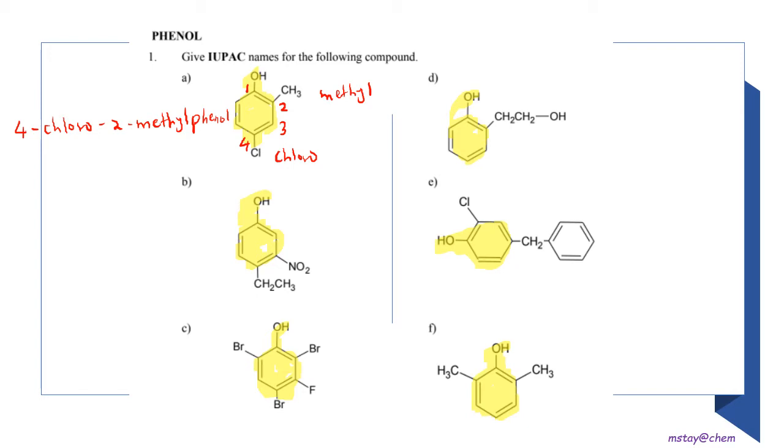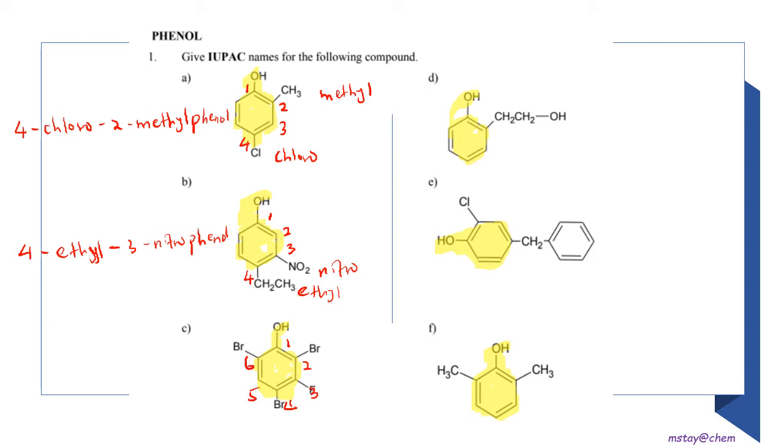As just now we said, this is first carbon, second, third, and opposite is the fourth. This one is nitro, and then this one is ethyl. So structure B is 4-ethyl-3-nitrophenol.